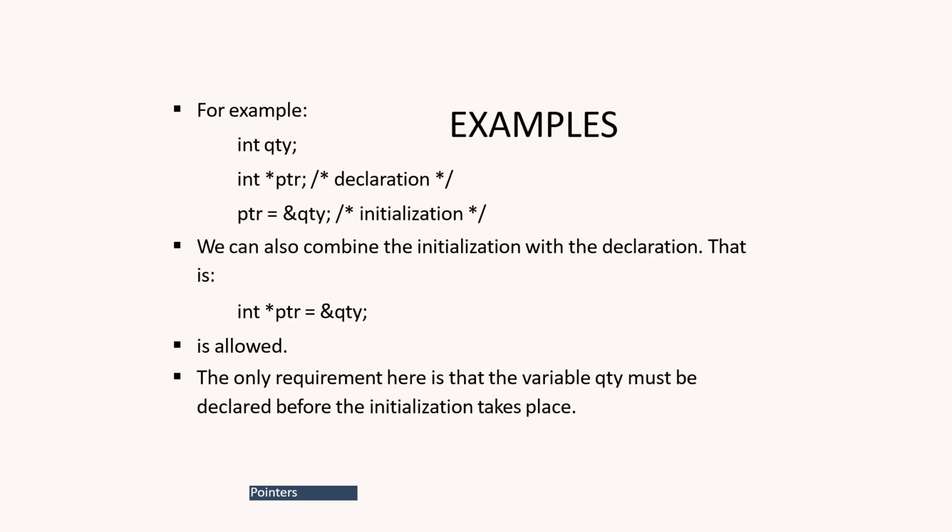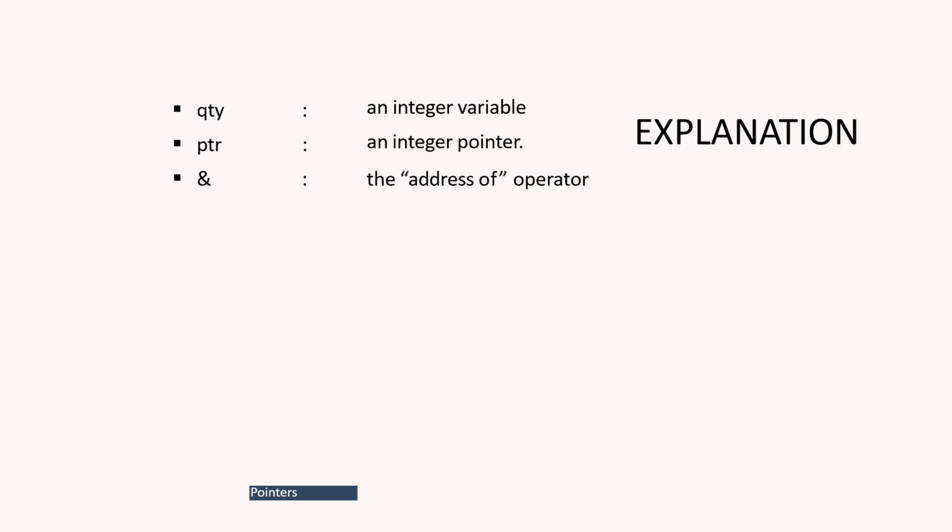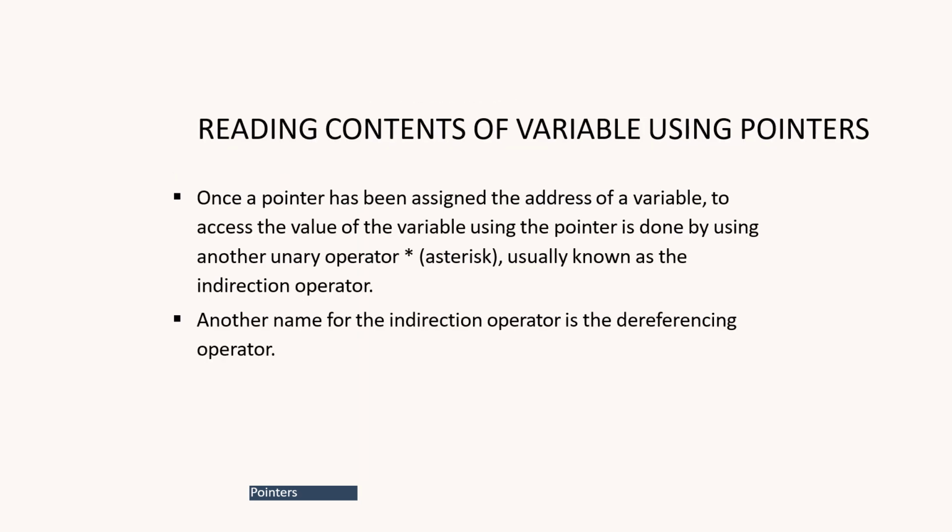Here is a simple example of declaration and initialization. int is the data type and quantity is the variable name, and the declaration is int star pointer, and pointer is equal to ampersand of quantity. We can also combine these two lines into a single line: integer star pointer is equal to ampersand qty.